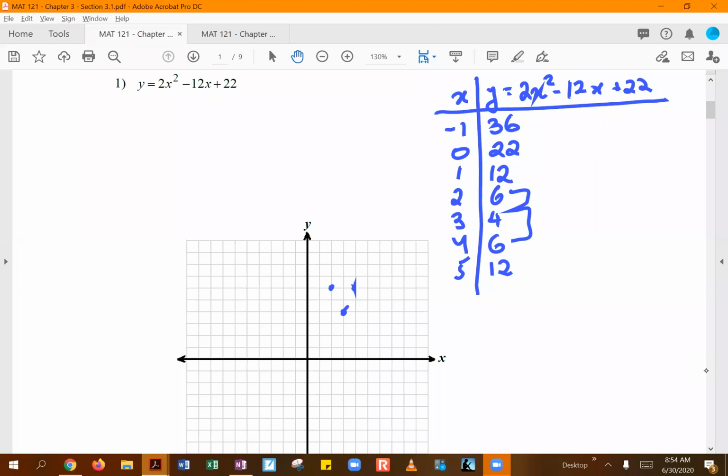Okay, so it should look something like this.